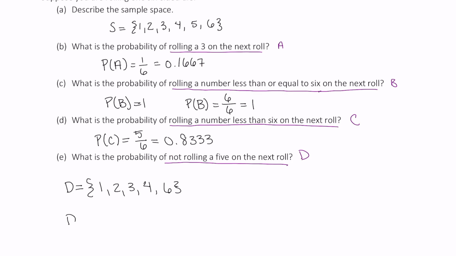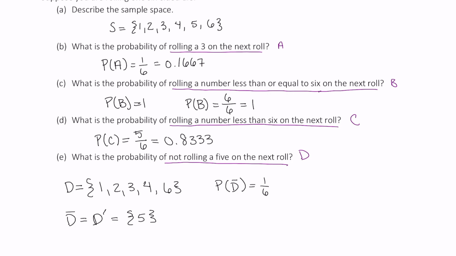The complement of D, which I can denote with a bar on top or with a prime, just equals 5. The probability of just rolling a 5, so the probability of the complement here, is 1 out of 6. And I'll get to writing it as a decimal in a second.